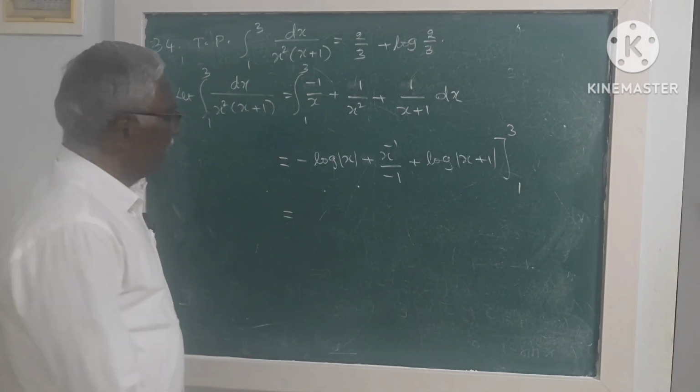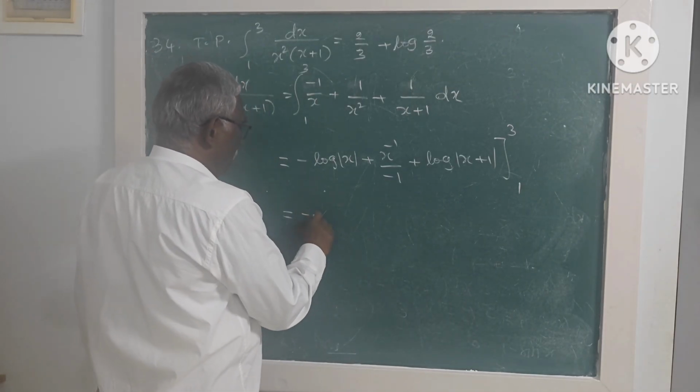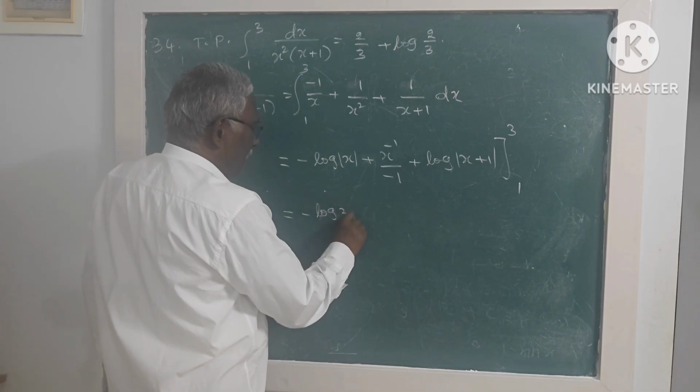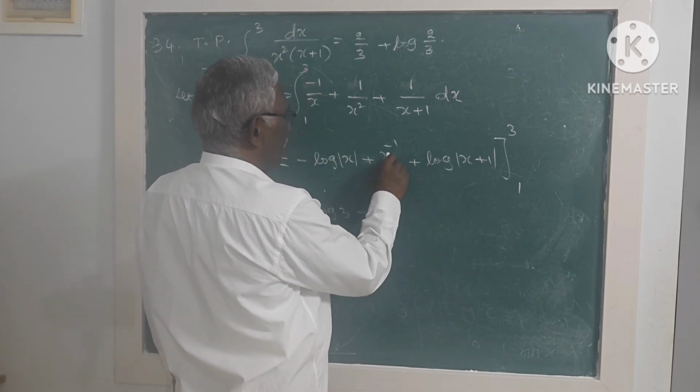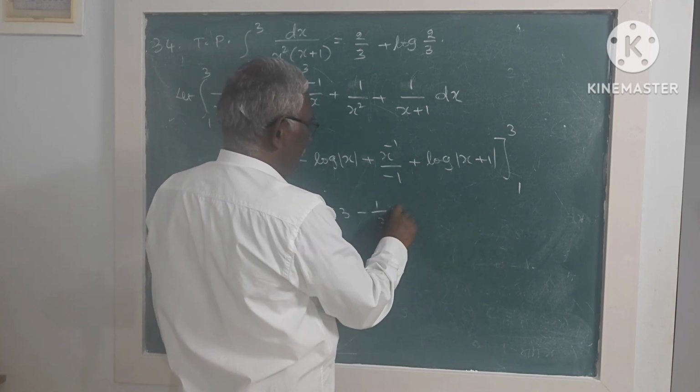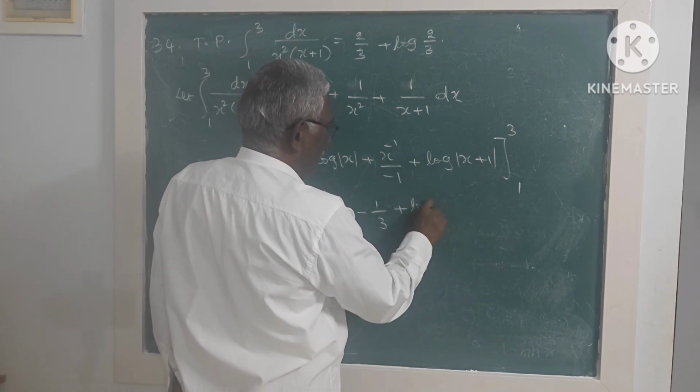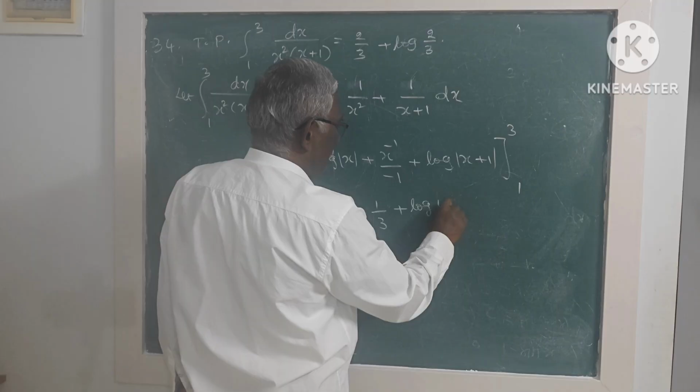Now put x is 3. So we'll get minus log 3 minus 1 by 3 minus x is 1 by 3, plus log of 3 plus 1, 4.